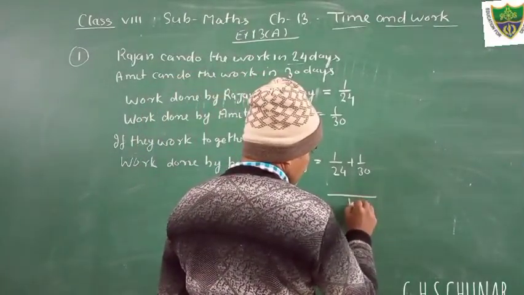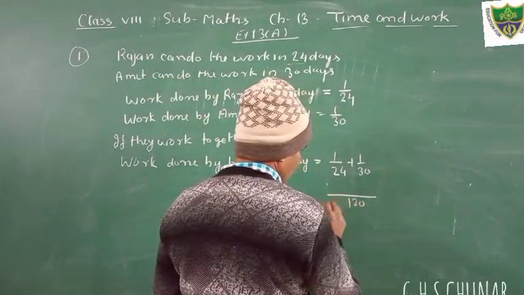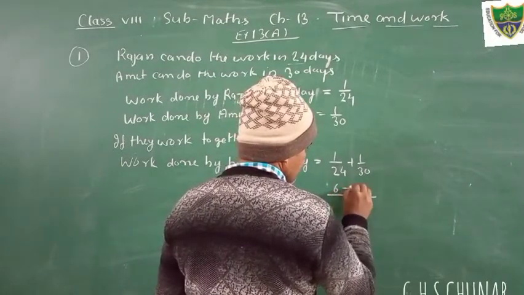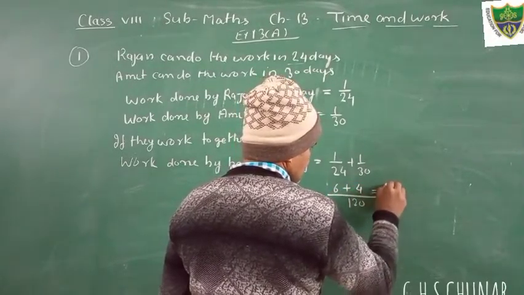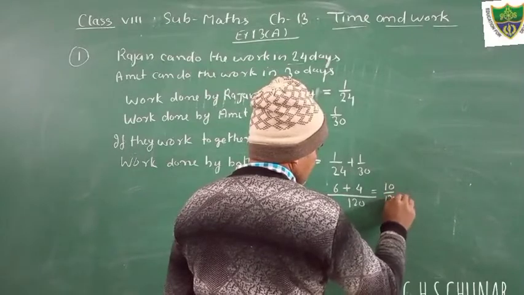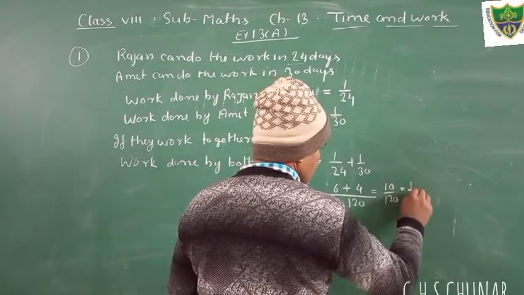The LCM will be 120. 5 plus 4, that is 10 upon 120, it is 1 upon 12.